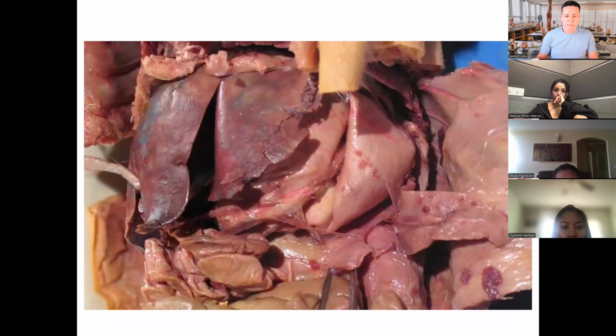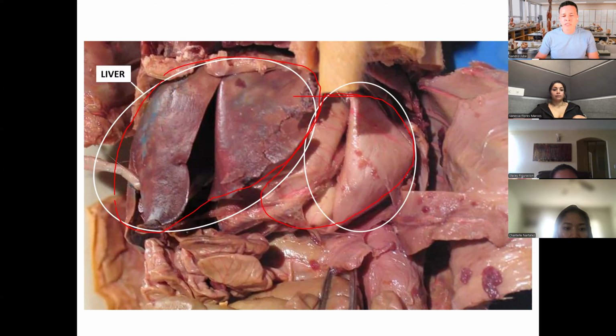Okay. Now here we have another view of the abdominal pelvic cavity. So we can see the big old liver in the right upper quadrant. And then on the left upper quadrant, we can see the stomach right there. And right to the side of the stomach, we can also see the spleen right there.